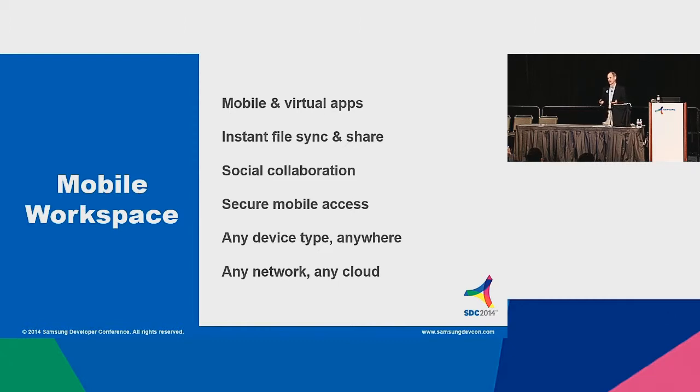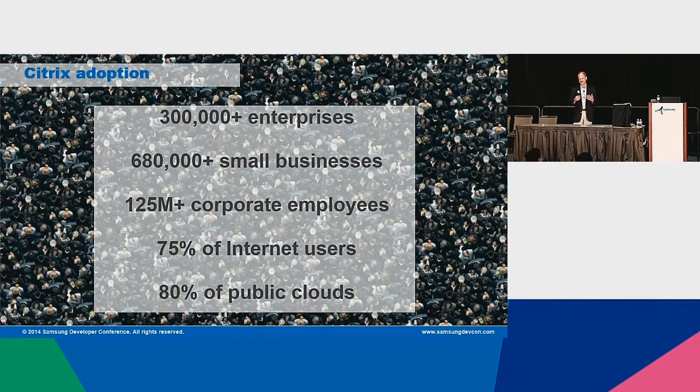It's about social collaboration, business social collaboration, not Facebook necessarily, but Facebook was a good example of how employees or users can communicate better, and so we've got offerings there as well. It's about any device, anywhere, any network, and certainly we're here at Samsung and we love their devices, but really you need to be able to look across platforms.